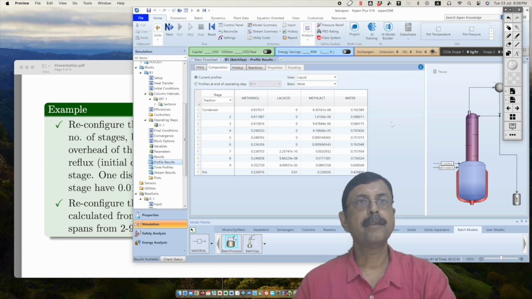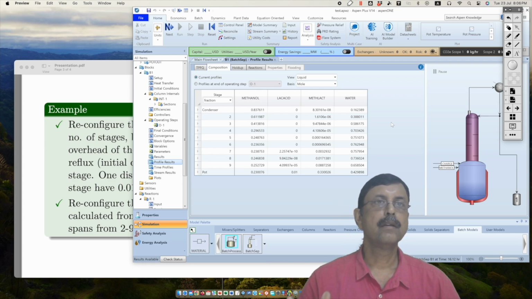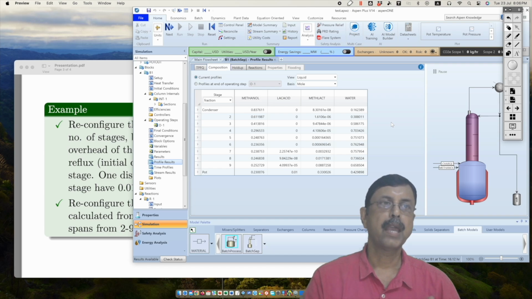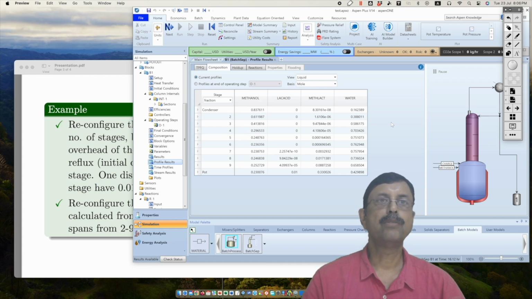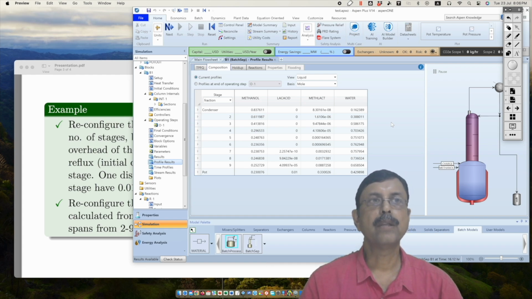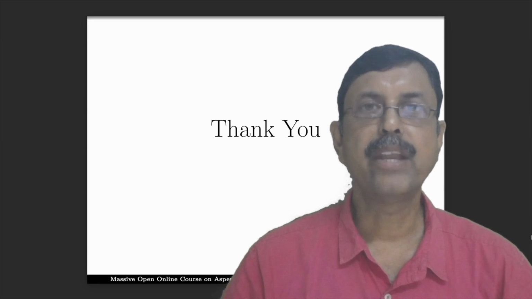So the best thing is we can take a screenshot of this result and go back to the previous problem, and there also we can take a screenshot and then compare both of them, which will give us a better way to compare how it has changed with different configuration. Okay. With that, we come to the end of this lecture.